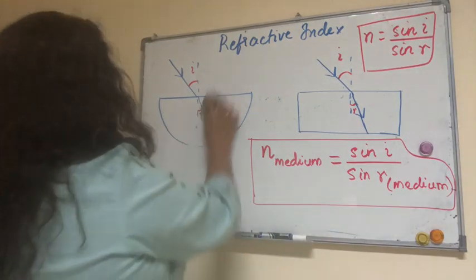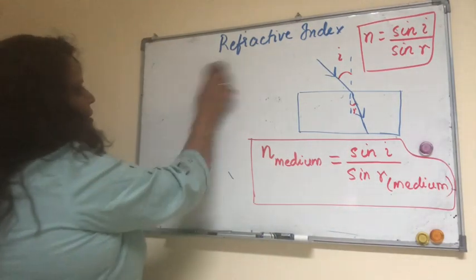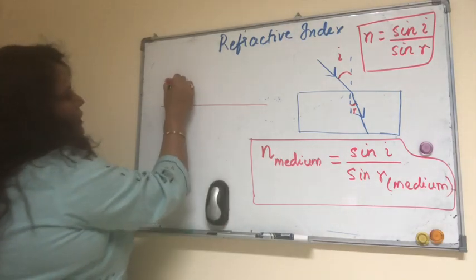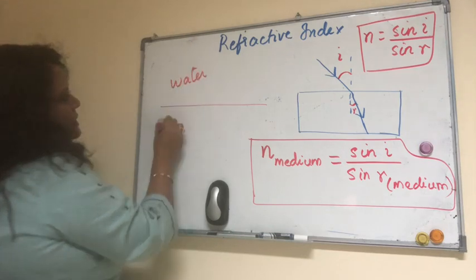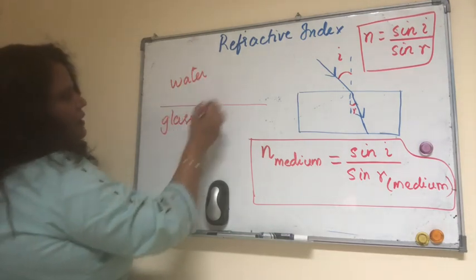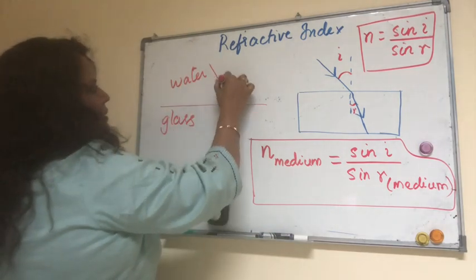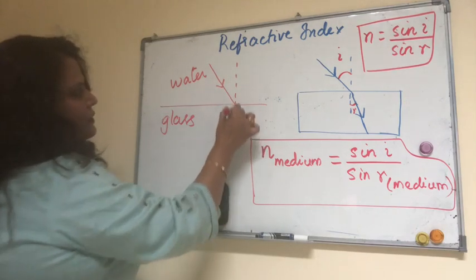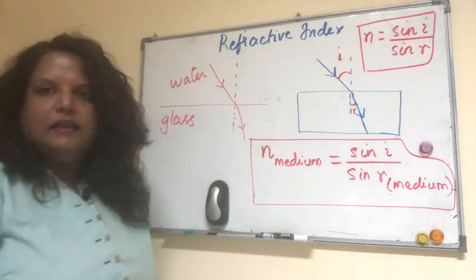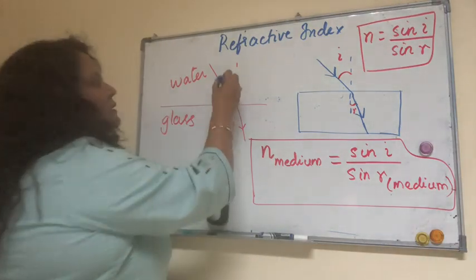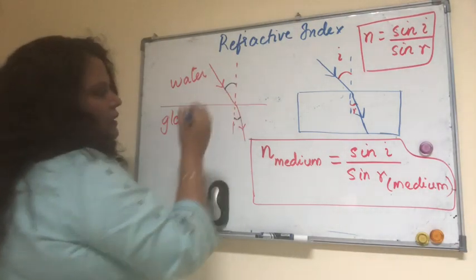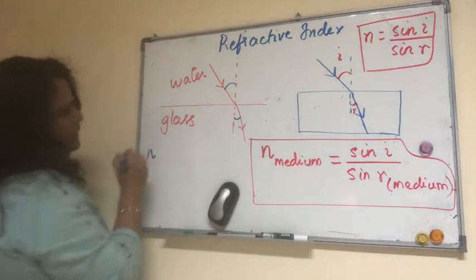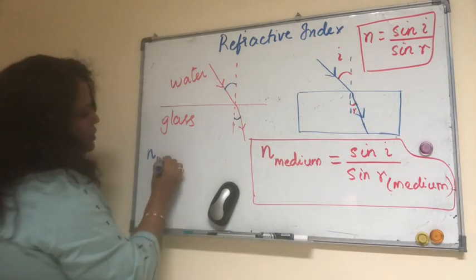Now let's think about another situation. Say you have one interface of water and the other is glass. You have the light ray coming in, and this is the diagram. You have got two angles here, one angle here and one angle here. Say the refractive index of water is known to you.